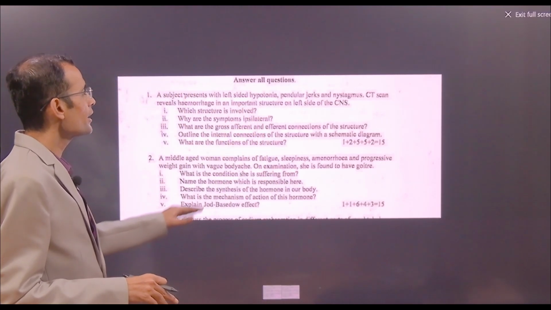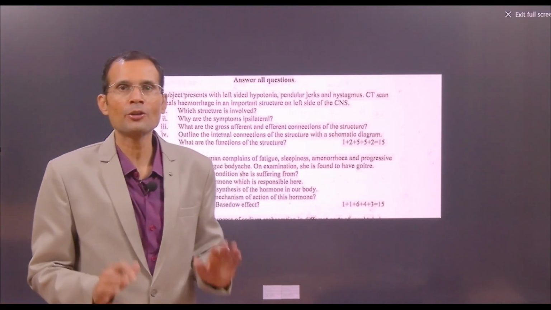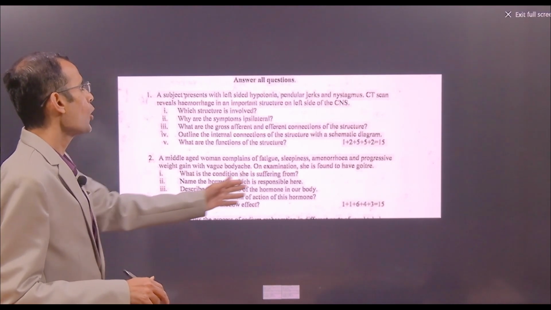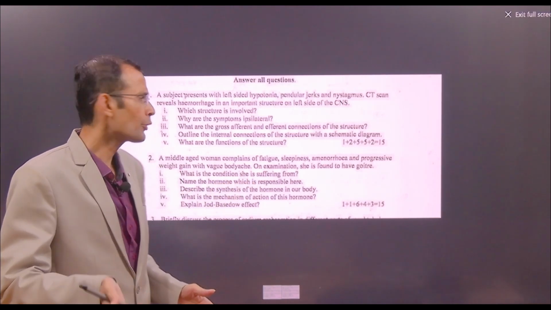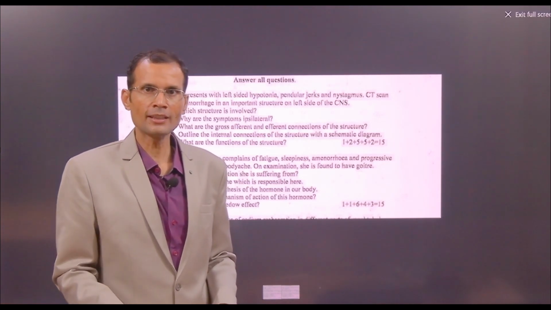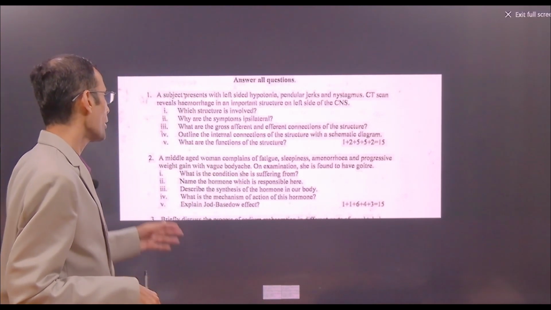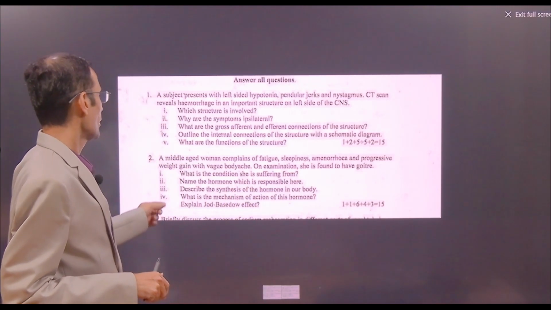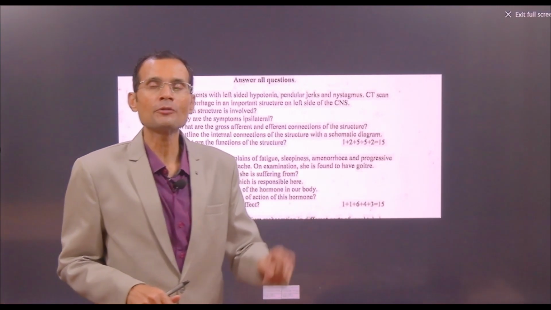Only thing is, what is the condition she is suffering from? Hypothyroidism. And then the next questions like name the hormone which is responsible here. Thyroid hormone. Synthesis of hormone in our body. Synthesis. Write down the synthesis of thyroid from iodine. Mechanism of action. Nuclear receptors. And explain the Jod-Basedow effect.